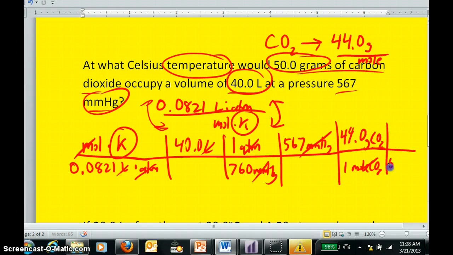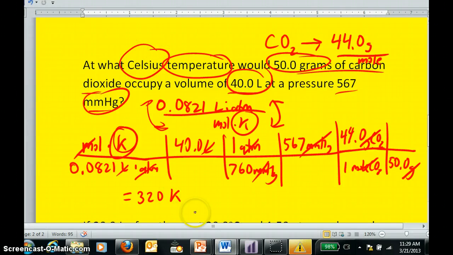So I divide by 50 grams, and the mass of CO2 cancels the mass of CO2, and I'm left with the temperature of this gas. And I get a value of 320 kelvins.